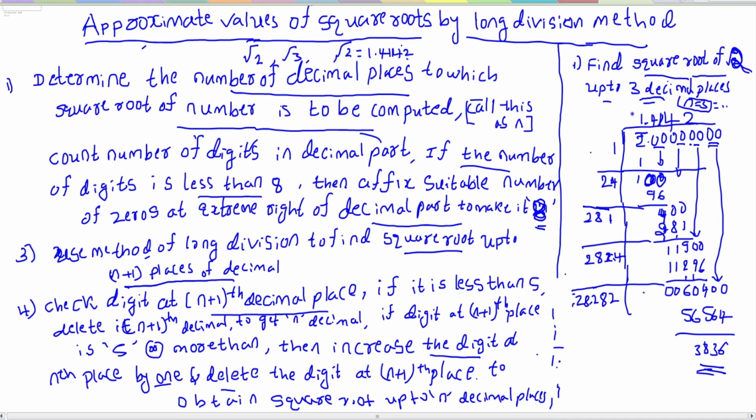Now we get the square root to n plus 1 decimal places, that is 3 plus 1, which is 4. Check the digit at n plus 1.